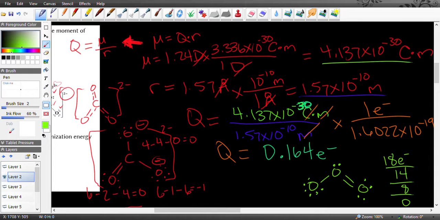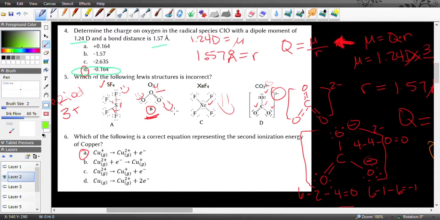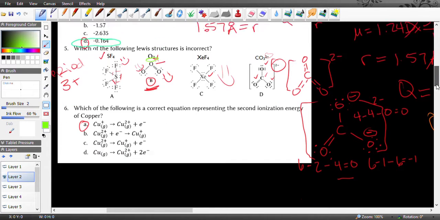Right? So 1, 2, 3, 4, 5, 6, 7, 8, 9, 10, 11, 12, 13, 14, 15, 16, 17, 18 electrons. That's the correct charge. That one's missing this lone pair right here. See it? Not there. That's why he's not happy.